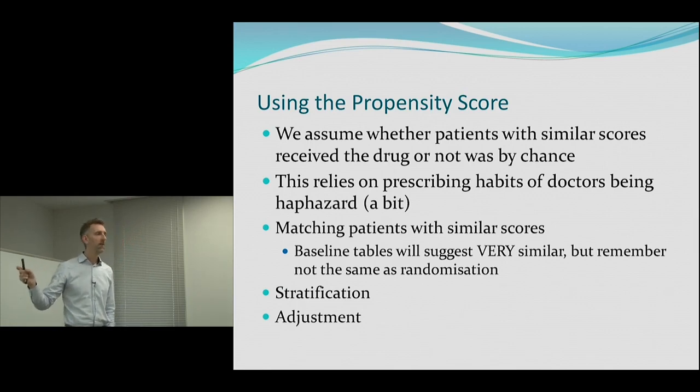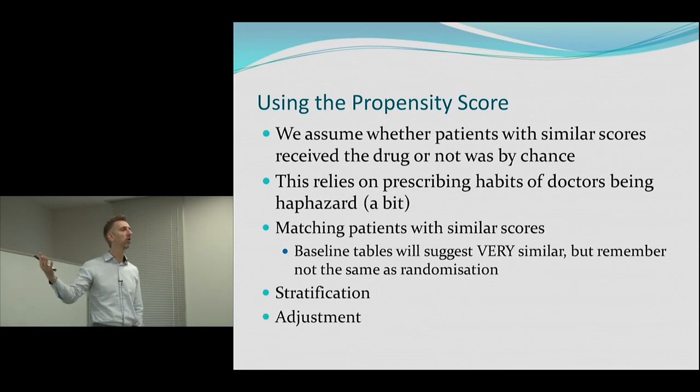I could stratify, so I could look separately at people with a score of 0.8, 0.6, whatever, and do my comparisons within strata and then combine them. Or I could just adjust for the score itself in a statistical model. It turns out that if I adjust for the score, rather than those 30 individual variables that contribute to the score, it does a very similar job in terms of adjusting for confounding.